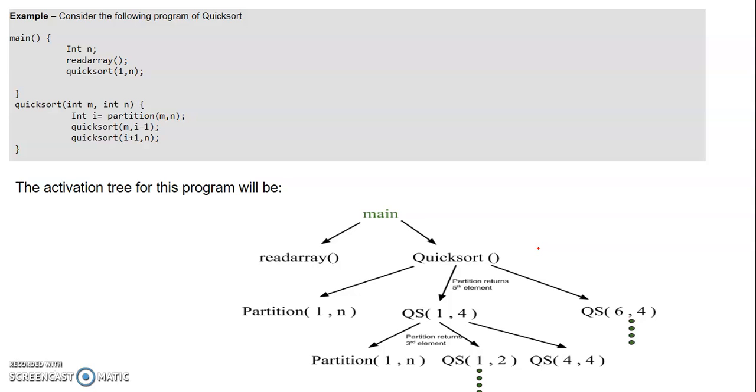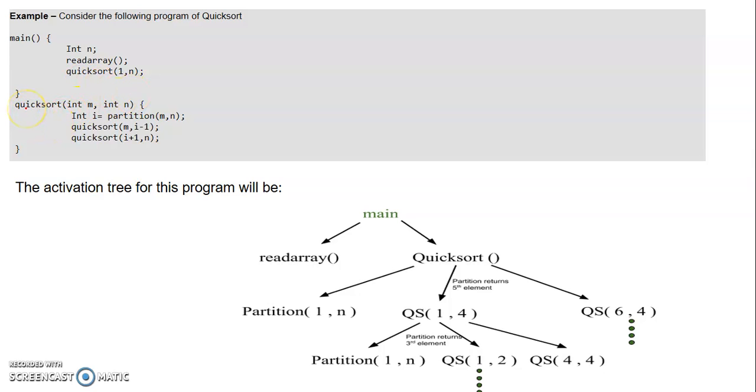So for example, we have a very famous program of Quicksort in which mainly two functions are there, one main function and second is Quicksort. In main you have these three statements: int n, read array, Quicksort 1 to n. So this is the function read array and this is the function Quicksort.